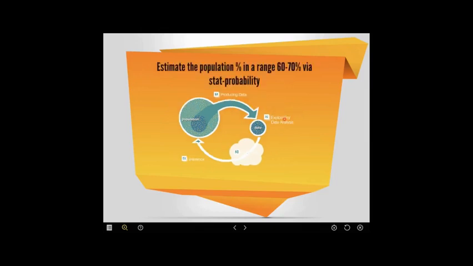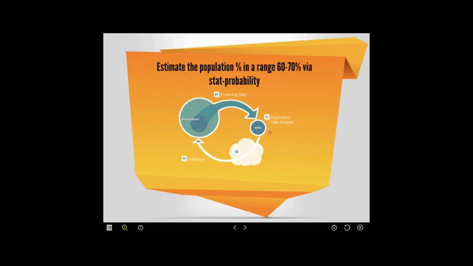Now, what researchers do is they use statistics or probability to estimate the population values based on these sample values. So the sample value for that given sample was 65%. Now they use this magic of stats and probability, and if you want to learn more about it, you should probably take a stats or research methods class in the psychology department.